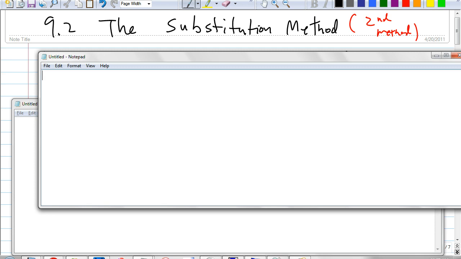It's called the substitution method. Okay, so it's not going to involve graphing. Even though graphing was kind of nice, there were some limitations. Did anybody realize, when you were doing the homework on 9.1 with two lines, was there some sort of limitation in terms of finding the solution?